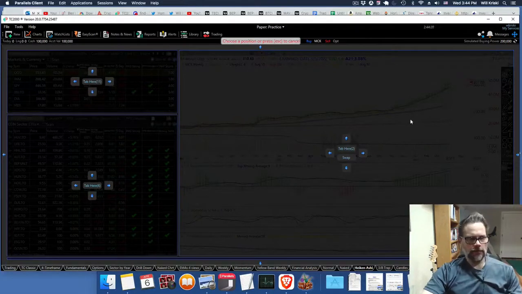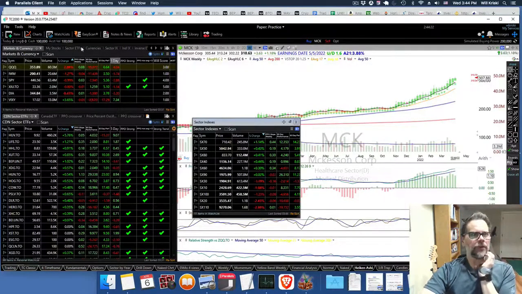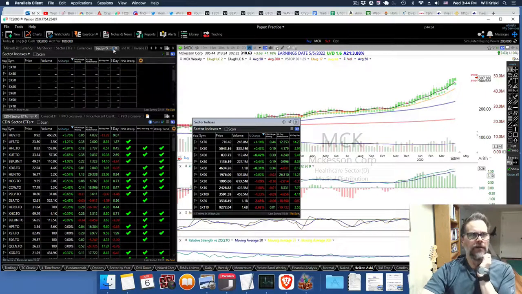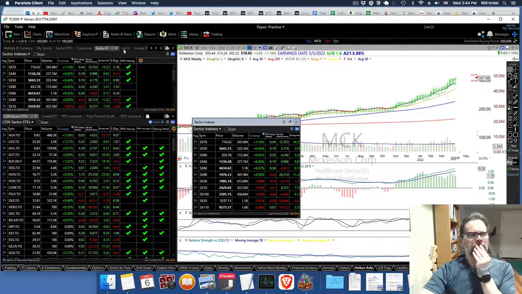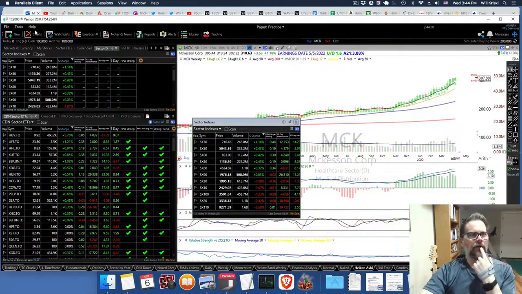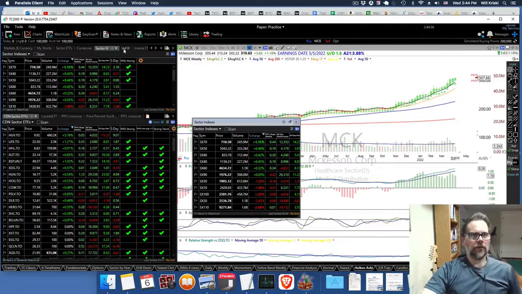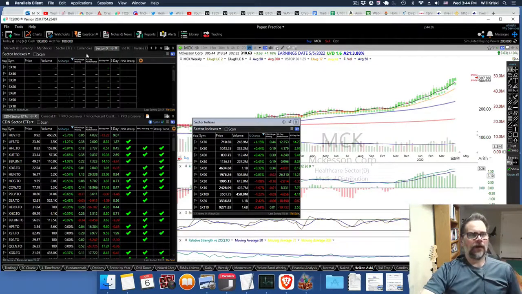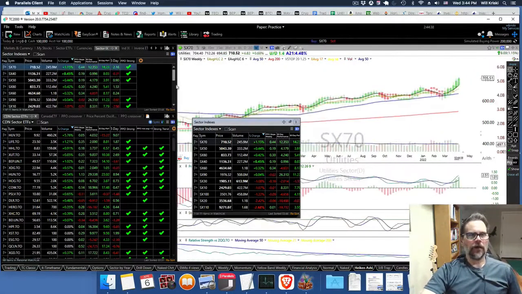I'm not going to do that because I've already done it. On two of the tabs I have sector and indices, so it's quick for me to click on these tabs. I don't have to go into the watch list. It's just two things that I can quickly look at and say, okay, what's happening here?